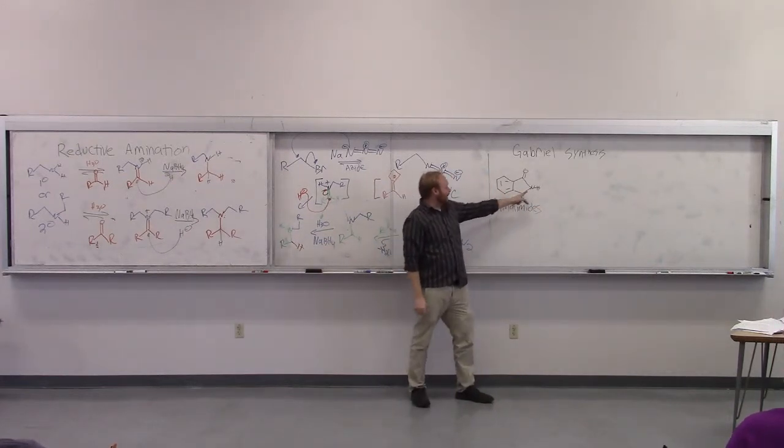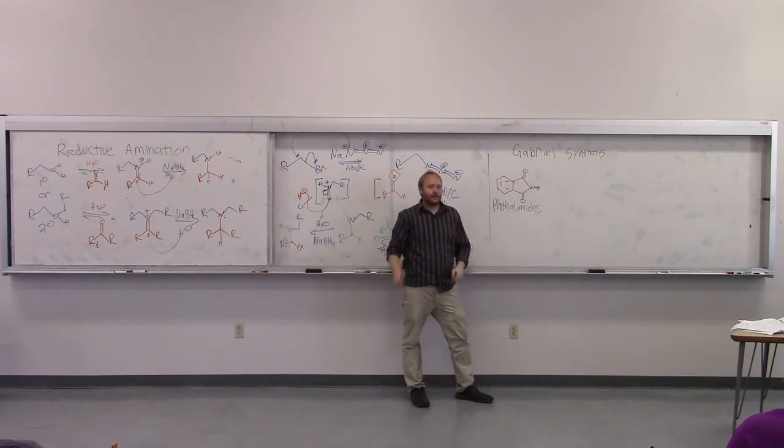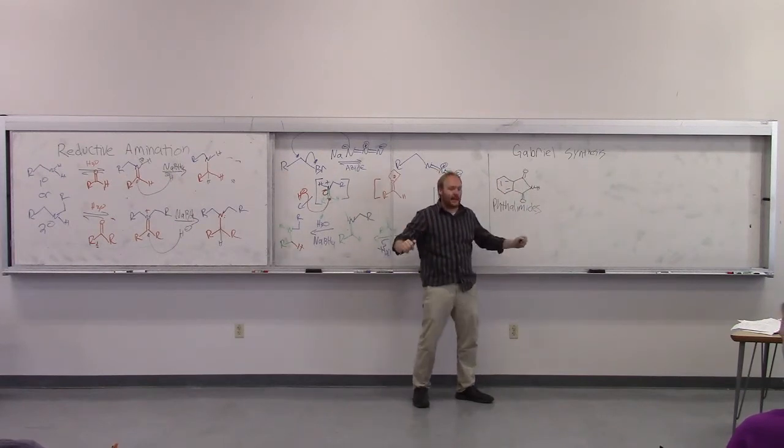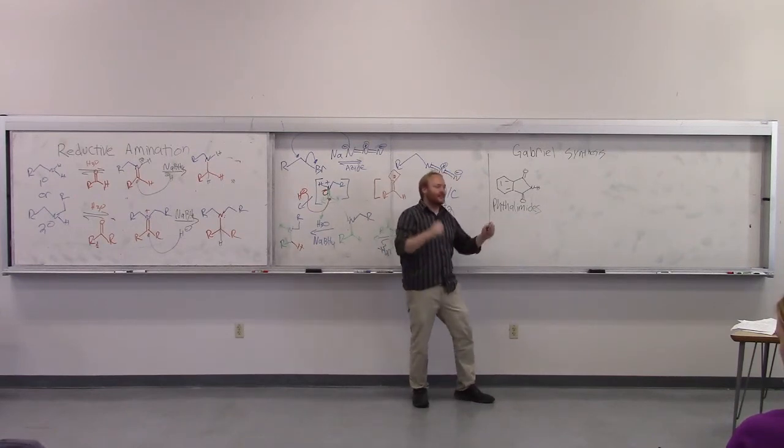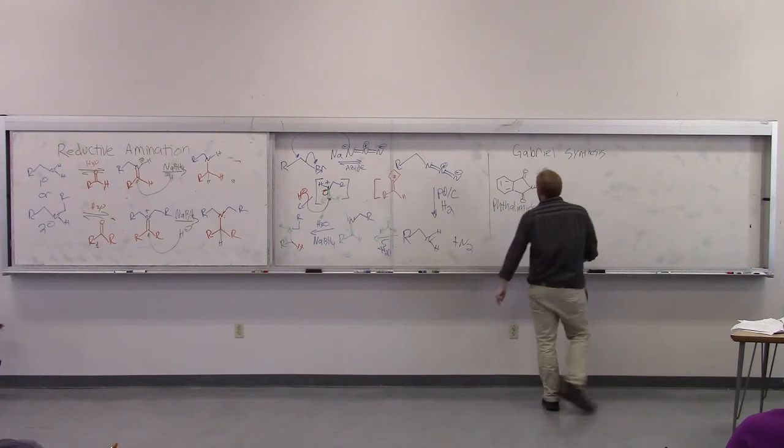And so this is a nitrogen that's a bis amide. Things that have two amides on the same nitrogen, we don't call them amides, we call them imides. So you can imagine imides are maybe the plural of an amide when you deal with it on the same nitrogen.